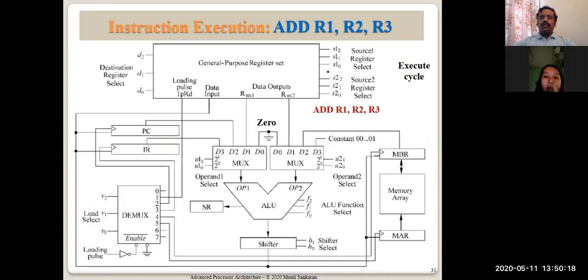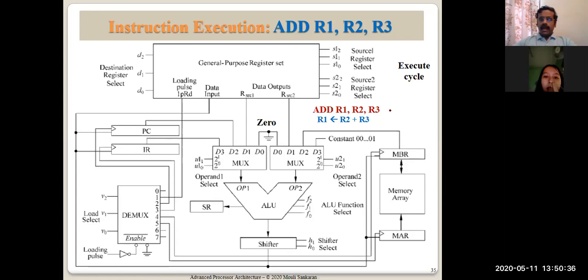Let me give you another example, which is a repetition of what I did in the computer organization course. Suppose you want to add R1, R2, R3, which is nothing but R2 plus R3 going into R1.